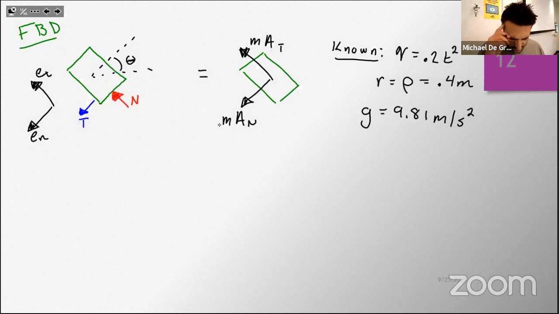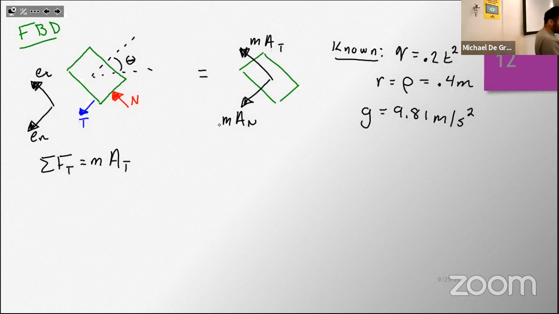Okay, so let's look at our equations. I'm going to sum my forces in the tangential direction. That should equal mass times the acceleration in the tangential direction. Well, these forces are perpendicular to one another, so there are no components to deal with.